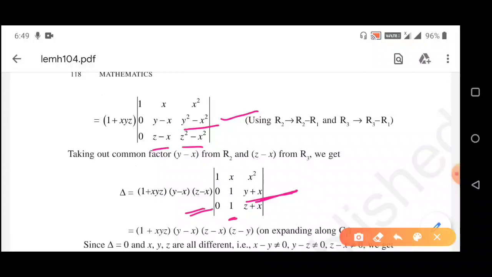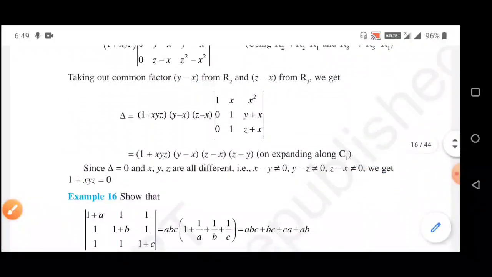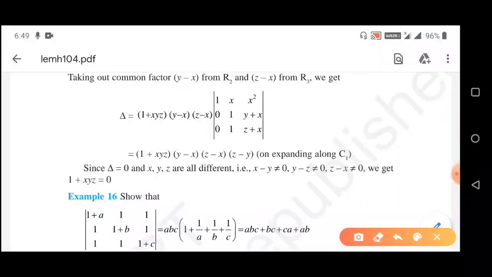Then here we will get 1, and in place of z square minus x square we will get z plus x. Now we can expand the determinant along column 1 because we have 2 zeros in column 1.